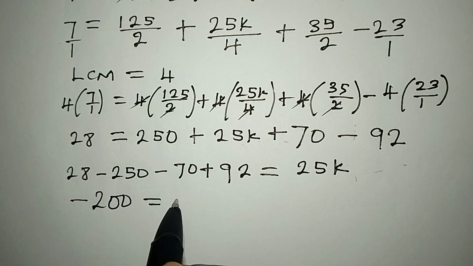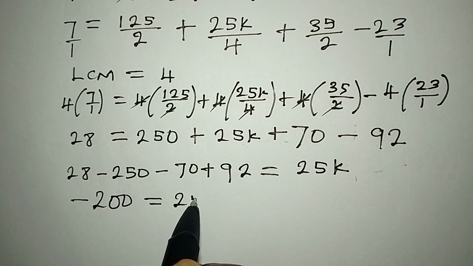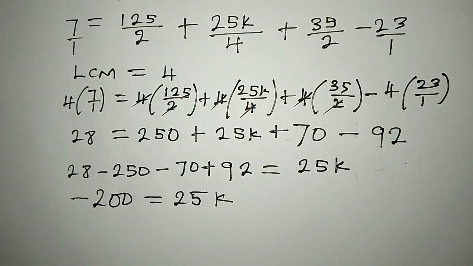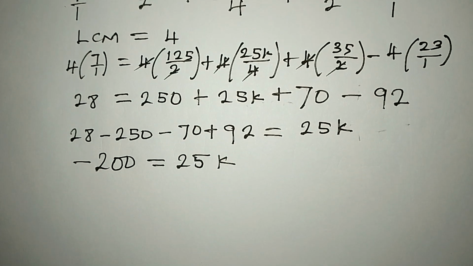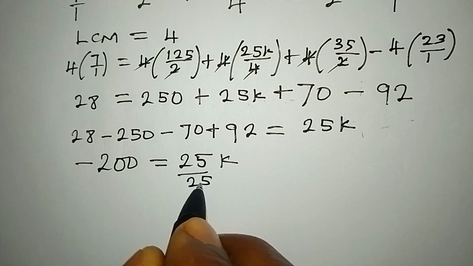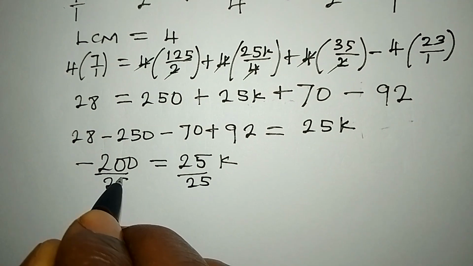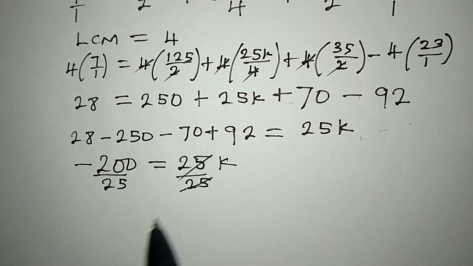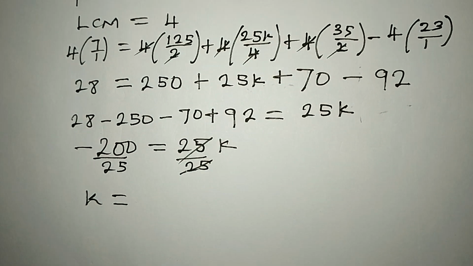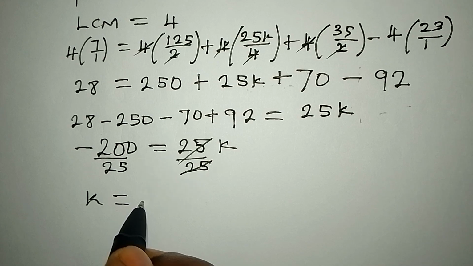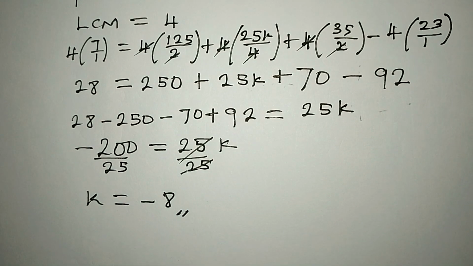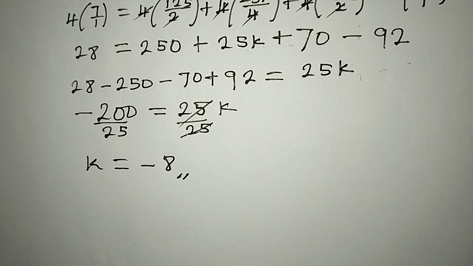And this is equal to 25k. Remember, since we are looking for the value of k, we'll divide this by 25 and divide this by 25. So this will go with this, and our k will now be equal to minus 200 over 25, and that will give us minus 8. So the value of k is equal to minus 8.